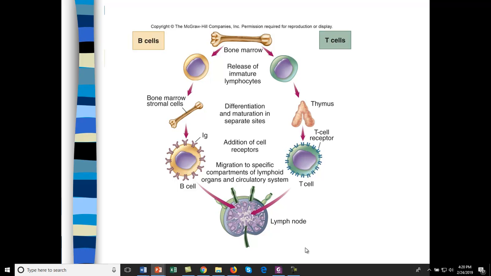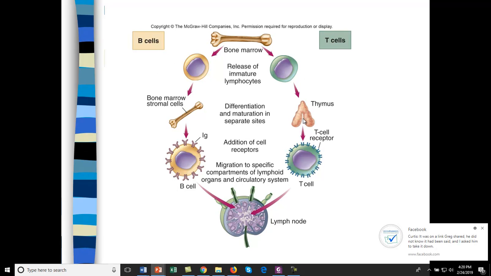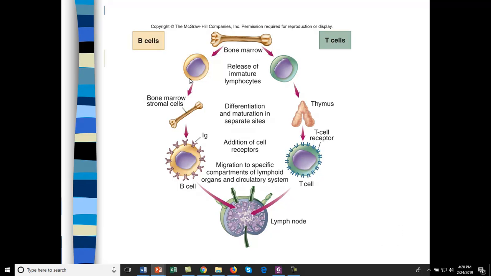Okay, and this just shows the route of maturation. All these lymphocytes, the progenitor cells, lymphoblasts, are in the bone marrow. They're released immature. T cells go to the thymus, and B cells go to the bone marrow.